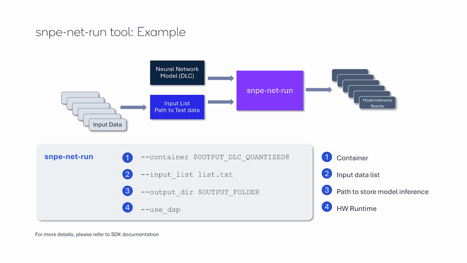Next, the snpe-net-run tool executes the model based on the provided inputs sequentially on the selected runtime. After execution, the snpe-net-run tool writes inference results or output tensors to the specified output directory. Simultaneously, the Qualcomm Neural Processing Engine writes a diagnostic file, snpe-diag.log, to the same output directory.